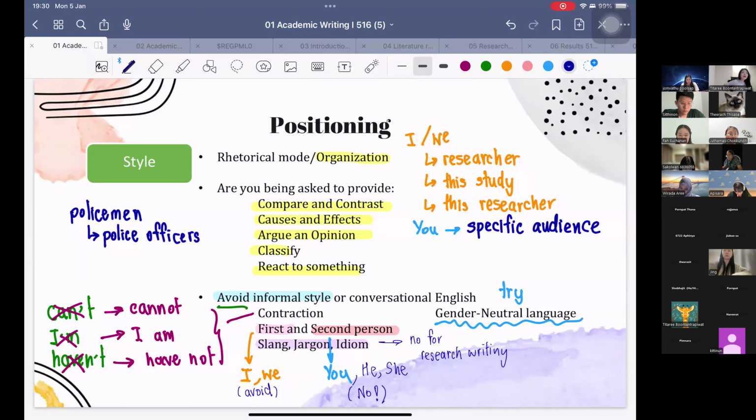Officer would be better. But if you study gender, yes, you can use the word policeman, because in gender research you need to study specifically a certain gender. That's why it's appropriate. But for most of you, stick with the neutral if your research is not about gender.